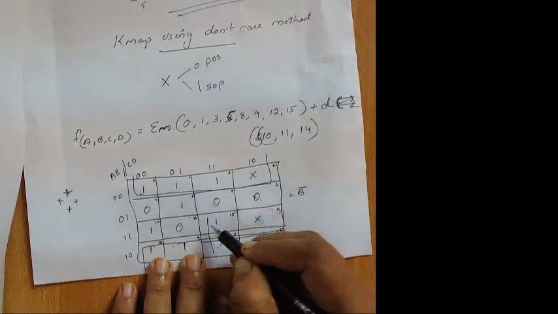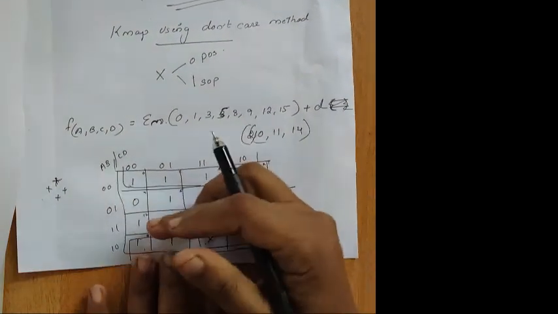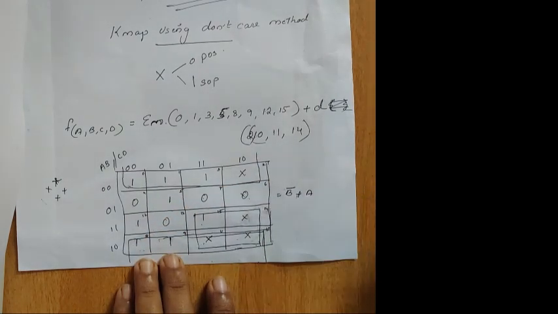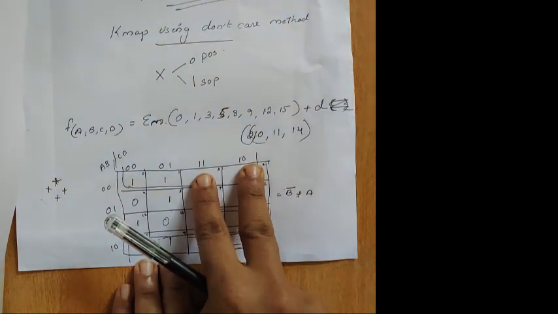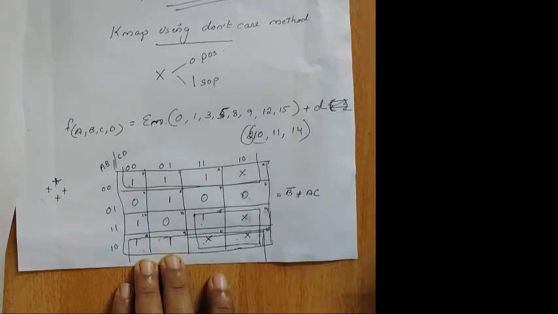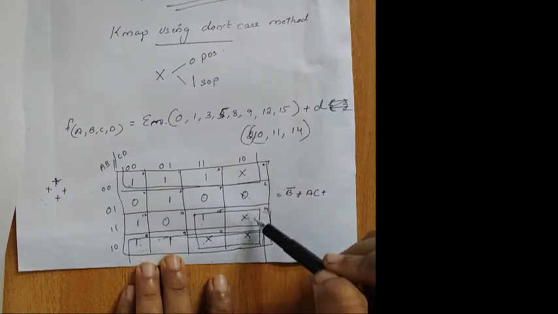Okay, when going for a 2-bit grouping, what happens? A is 1, you will get A, and the corresponding data of C and D. C is not changing, D is changing, so you can take it as C. Again I have to check whether I can get any other grouping. 1 is over here, 1 is here, 2 x's are here, isn't it?